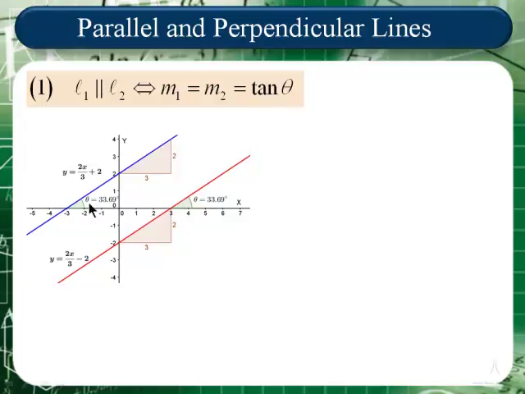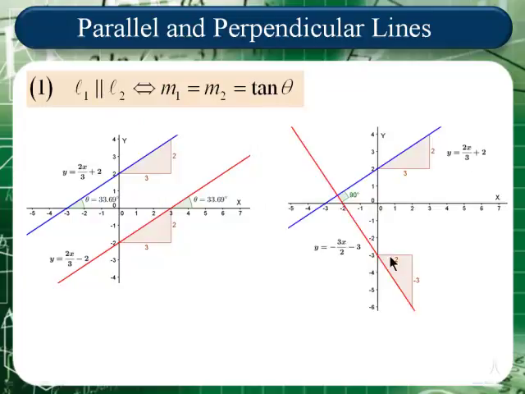Later on we'll learn that these two angles are actually corresponding angles, and if lines are parallel, corresponding angles must be equal. Obviously the opposite direction is also true, that if you can prove that the gradients of two lines are the same, then the two lines must be parallel.